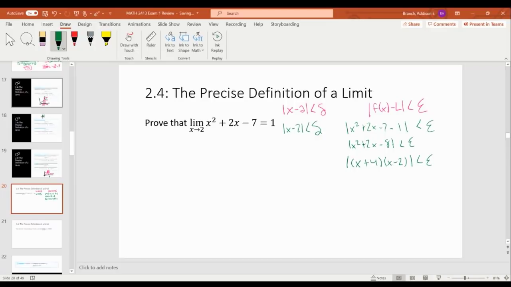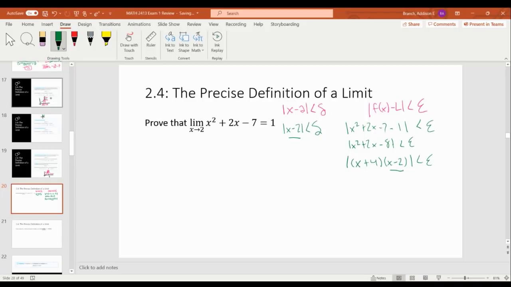So from here, what I also like to think is, is there anything in this new epsilon statement that looks similar to our delta statement? We can see we have an x minus 2 here and an x minus 2 here.